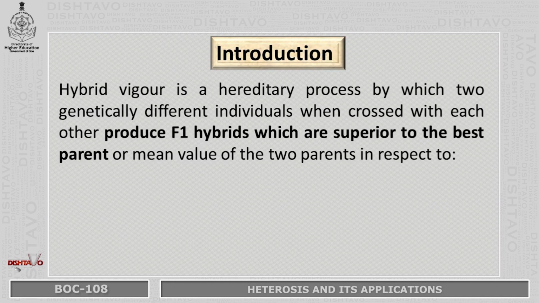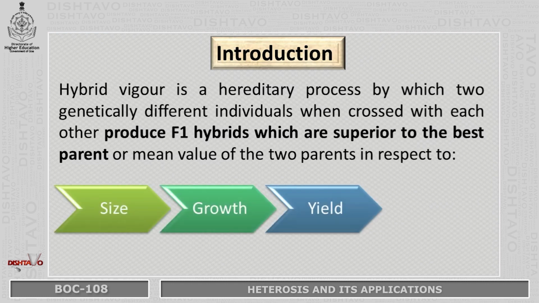Hybrid vigor is a hereditary process by which two genetically different individuals, when crossed with each other, produce F1 hybrids which are superior to the best parent or mean value of the two parents in respect to size, growth, yield, and fertility.